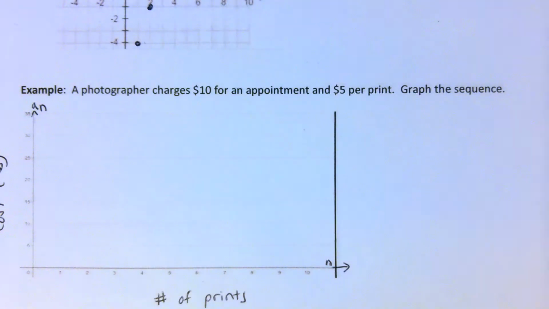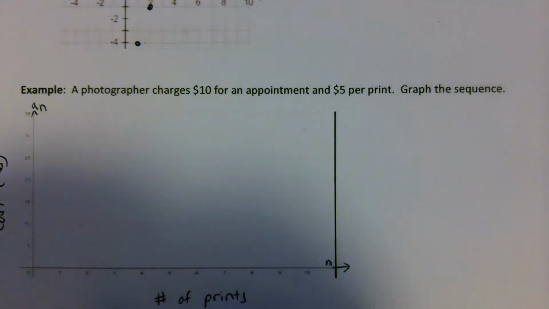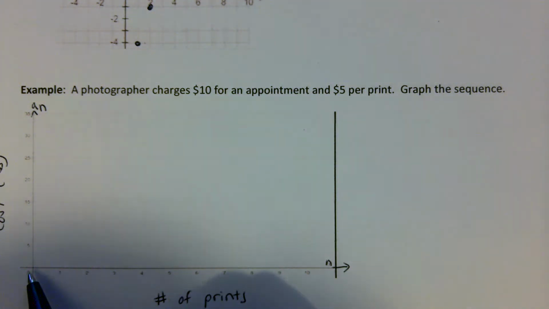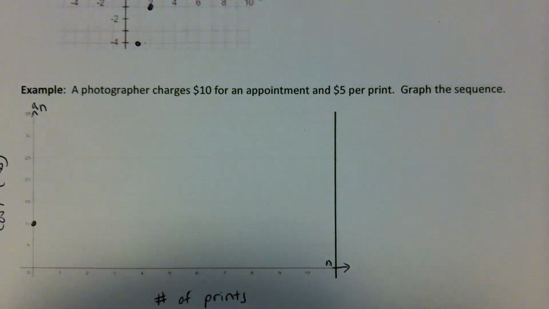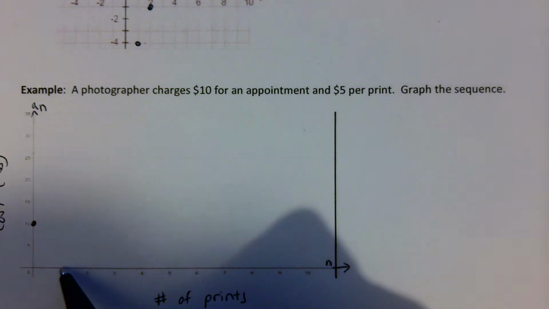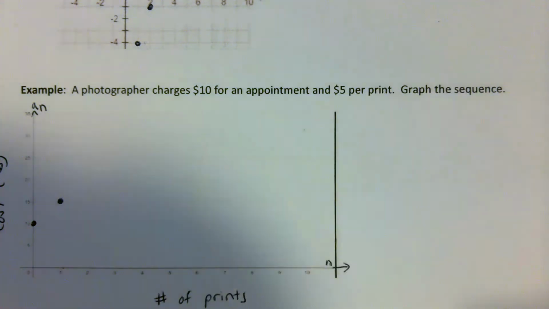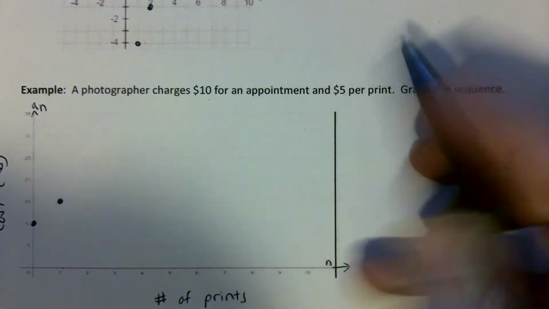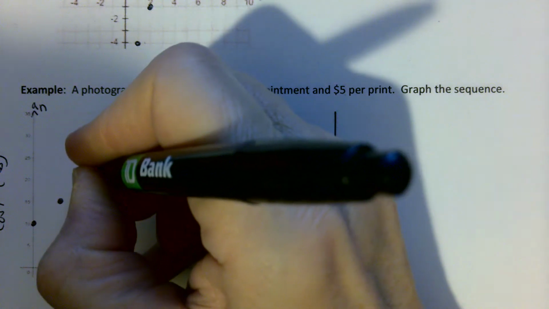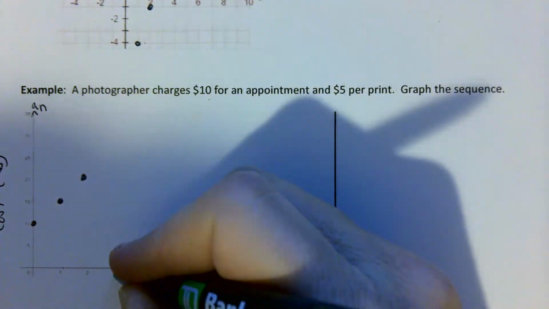in dollars. When you show up for your appointment, you have purchased no prints, but it's going to be $10 immediately. If you purchase one print, you've already paid the $10 for the appointment, and another $5 gives you $15 total. If I have two prints, that's $10 for the appointment and 2 times 5, another 10, so that's going to be 20, and so on.